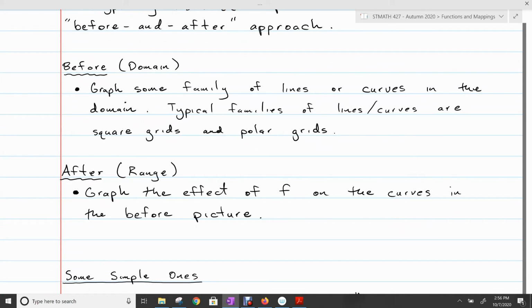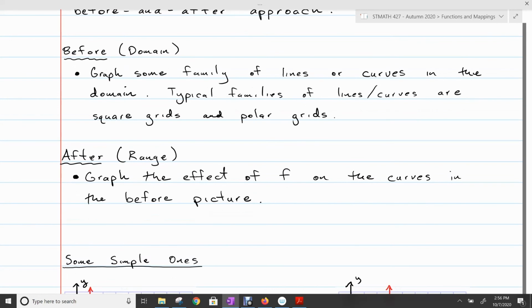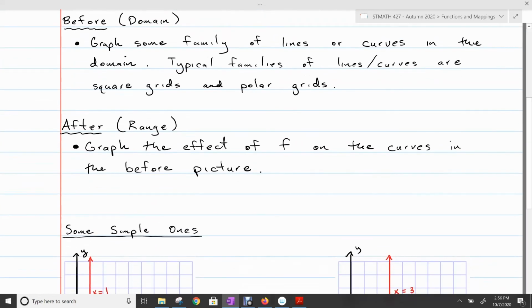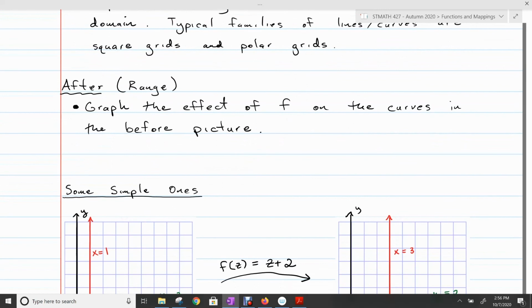And then in that domain, you might look at some curves or some sort of grid, and you want to see what effect the function is having on that grid. Some typical families of lines and curves you might use are a square grid or maybe a polar grid. And then the after picture is just what the effect is on those designated curves that you had in the domain. So let me give you a few examples of how this might go.